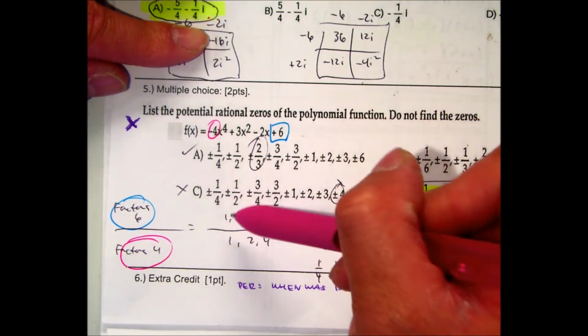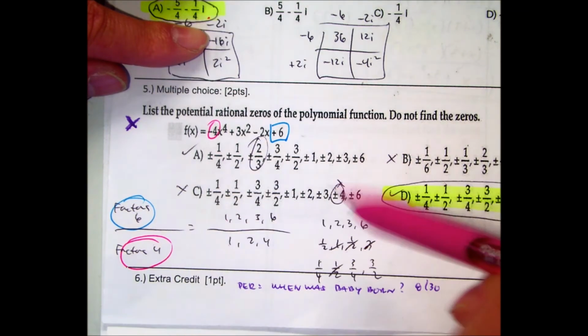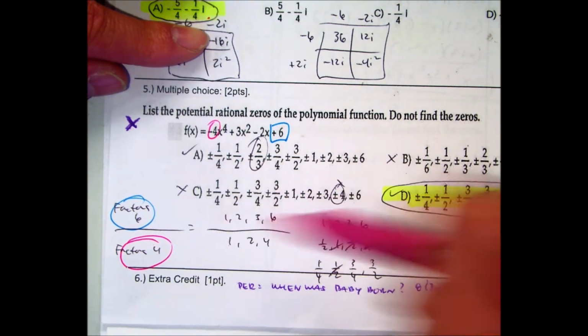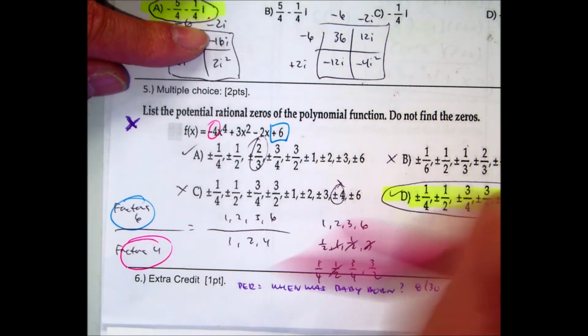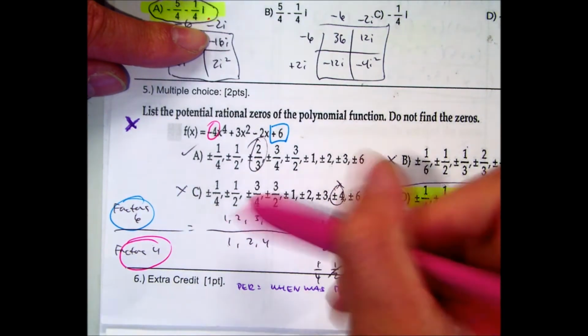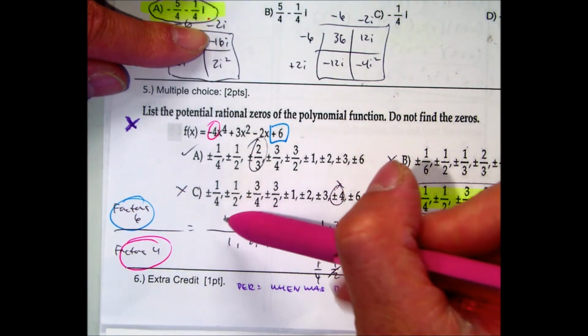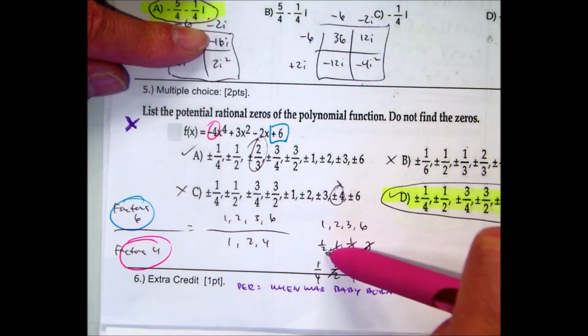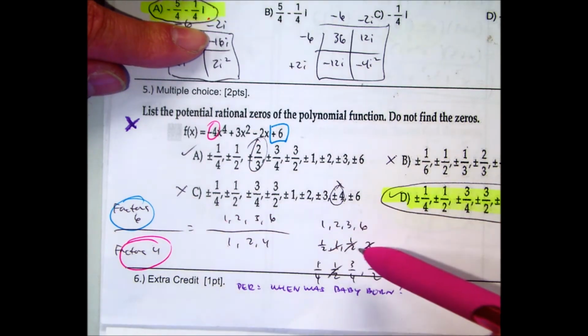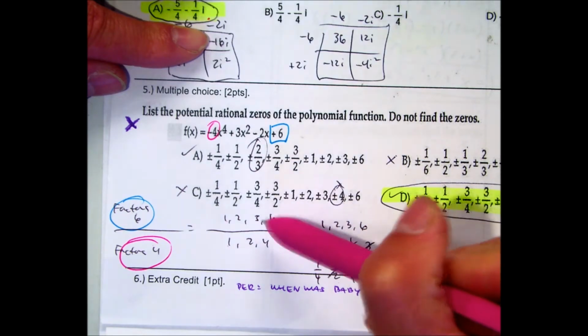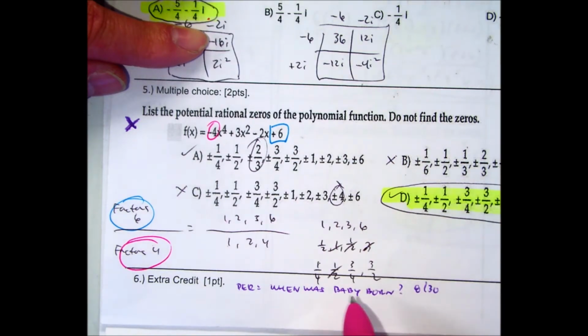Then you're just going to make all of your possibilities: 1 over 1, 2 over 1, 3 over 1, and 6 over 1. Then I do 1 over 2, 2 over 2, which is 1, 3 over 2, and then 6 over 2, which gives me 3.